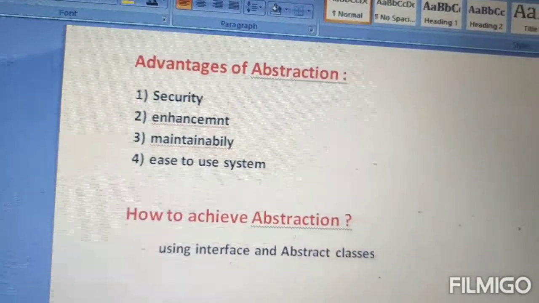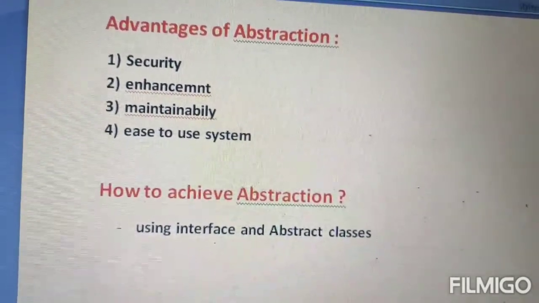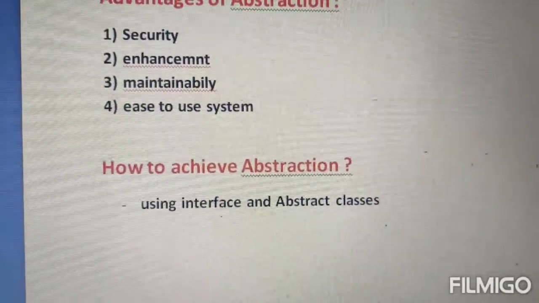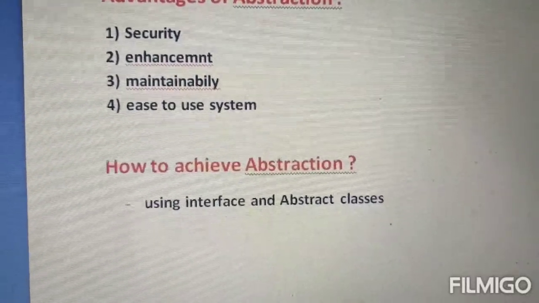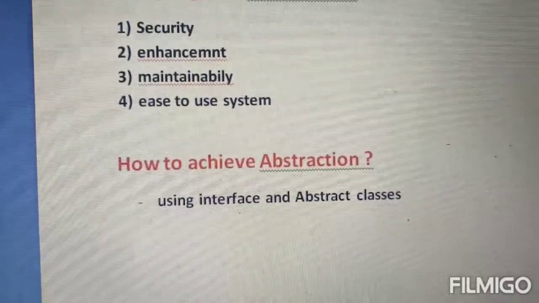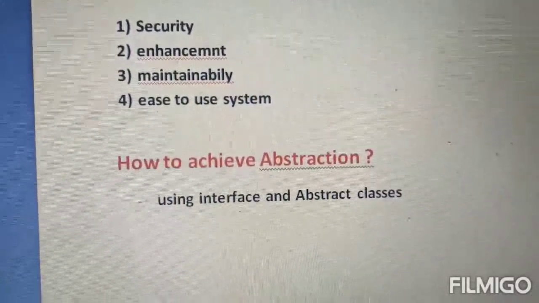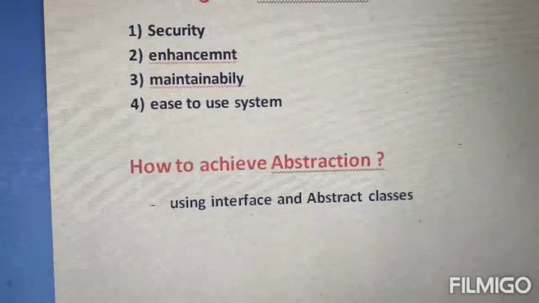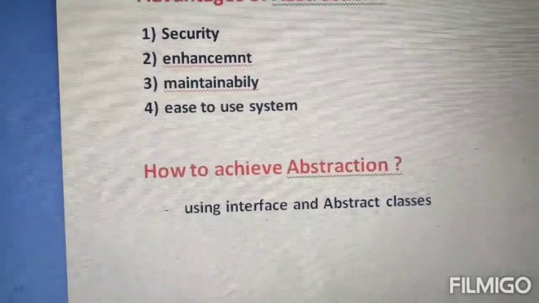Okay, now the question is, in programming terminology, how to achieve abstraction. We talked about what is abstraction, we talked about the advantages of abstraction, but the main question in terms of programming is how to achieve that. Okay, using interfaces and abstract classes we can achieve abstraction.